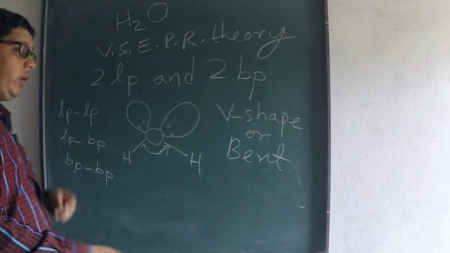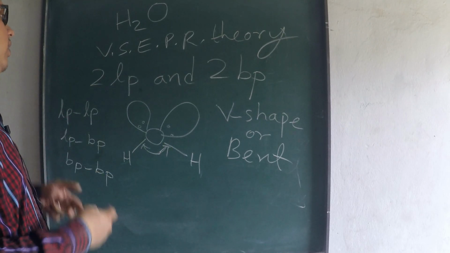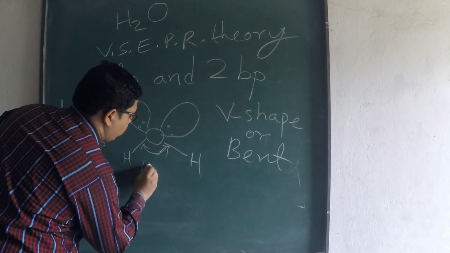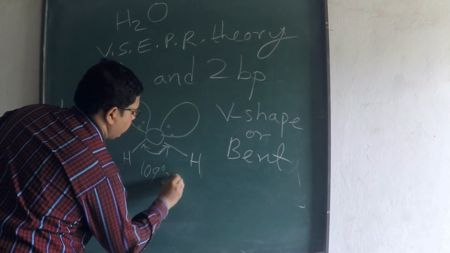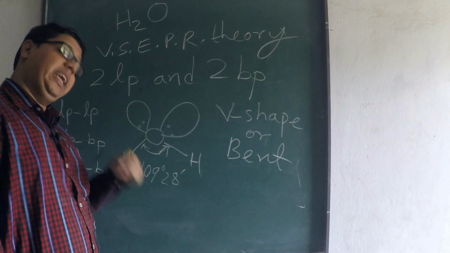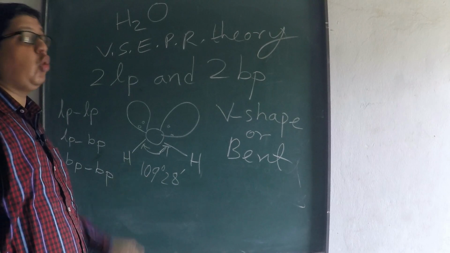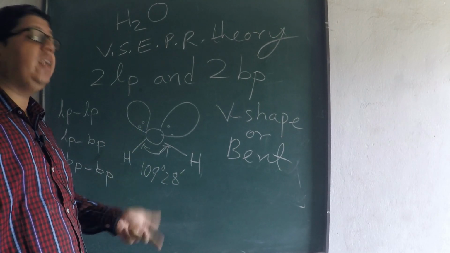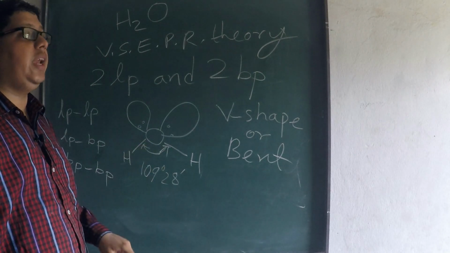If it were tetrahedral, the bond angle would have been 109 degree 28 minutes, but it has been found that this is not the case. The bond angle is not 109 degree 28 minutes.